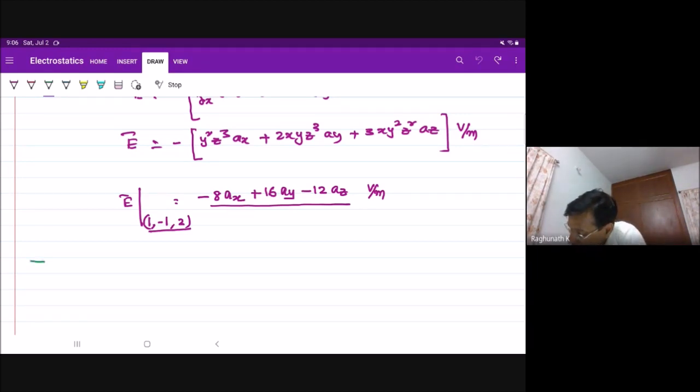Can you please tell me what is equipotential surface?